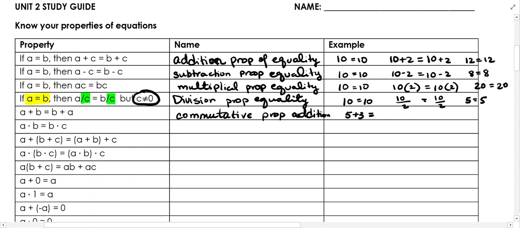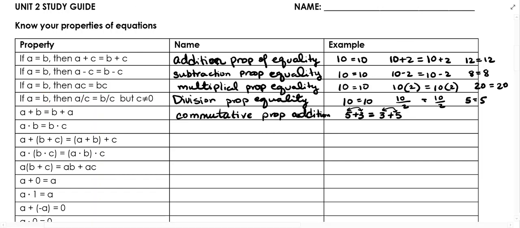Isn't that the same thing as 3 plus 5? Does it matter who comes first? No, it doesn't. So you can switch them across the plus signs and still maintain equality. This is useful for us when we're trying to put our like terms together. We know that we can move them around and it's not going to make a difference.